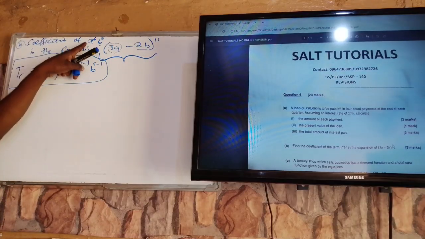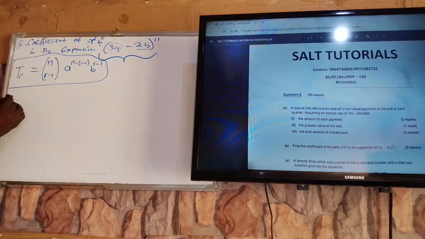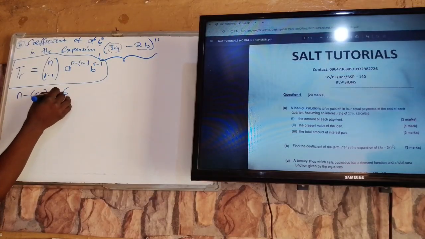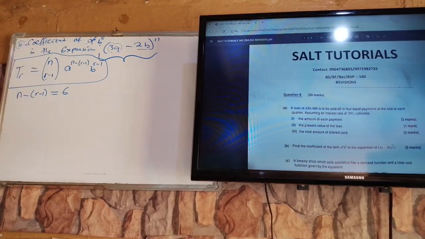For me to get a power 6, since a is coming from the first term, comparing this with that, n minus (r minus 1) should be equal to 6, according to what we've been given.